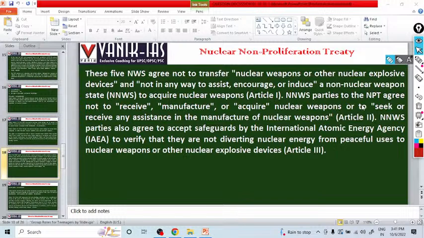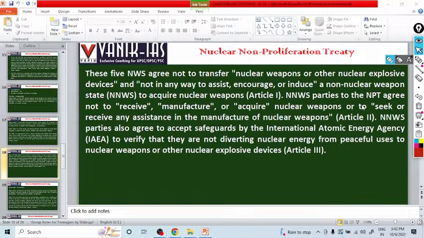Under Article 3, non-nuclear weapon states parties also agree to accept safeguards by the International Atomic Energy Agency to verify that they are not diverting nuclear energy from peaceful uses to nuclear weapons or other nuclear explosive devices.